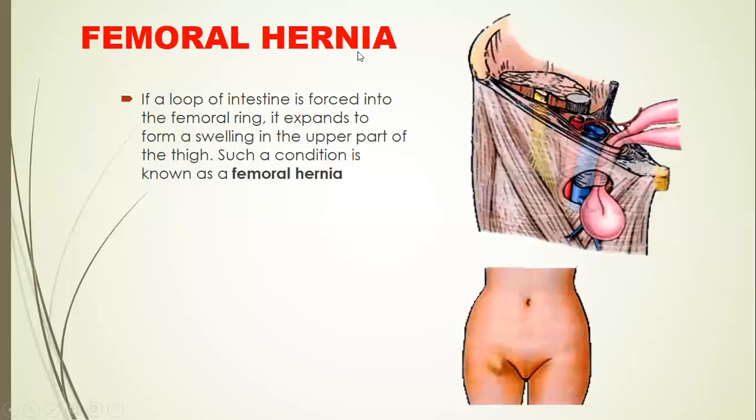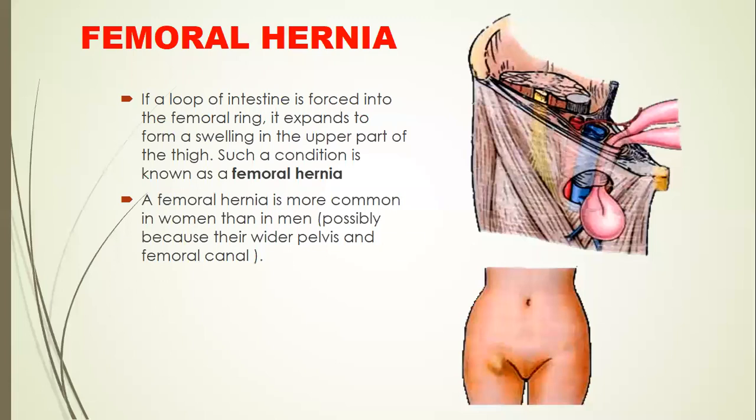Now see this point, which is called the femoral hernia. Femoral hernia most commonly occurs in females compared to males. Why is it more common in females compared to males? Because of two reasons.